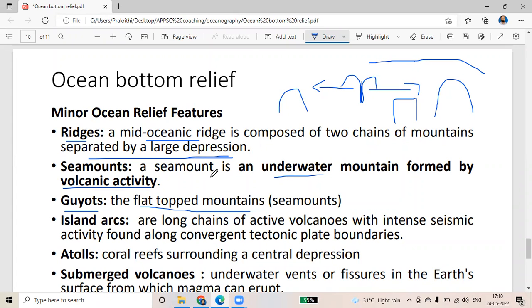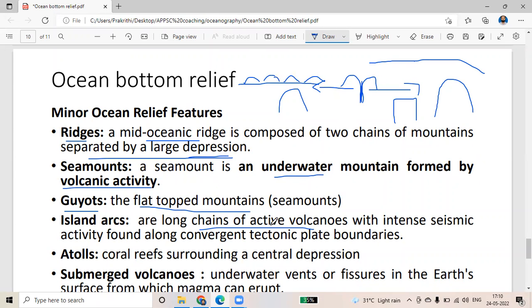Then the island arcs, same like the ridges. At tectonic plate margins there will be a chain of volcanic activities. As it happens here, in some places such volcanic activities will occur on the sea, and you can see a number of islands. This is the bottom region, and there will be a number of small islands. This forms the island arc.